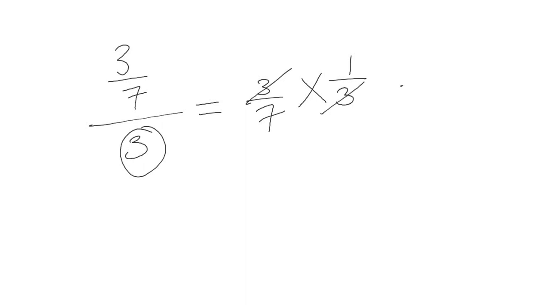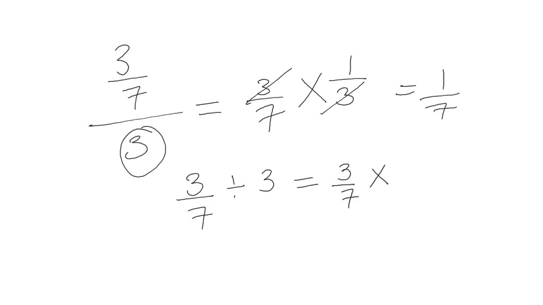So we end up with 1 over 7. Or we can do the long process of saying 3 over 7 divided by 3 equals 3 over 7 multiplied by 1 over 3. Same thing. These two things mean the exact same thing. I'm just showing you what we're going to do next, but with simpler numbers so that you're not confused as to what happened.